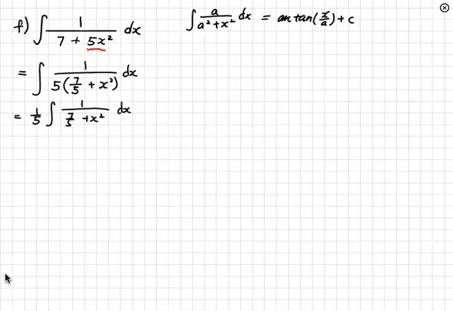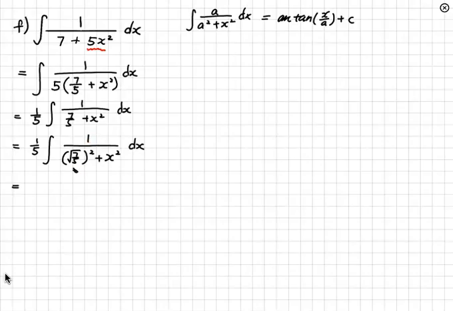That's great. Now we have x squared alone. Now we are going to rewrite 7 on 5 as something squared. So that should be square root of 7 on 5 squared plus x squared on dx. Now the next step is we need to make sure the numerator has a.